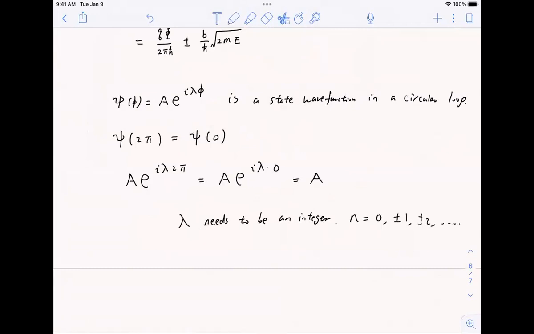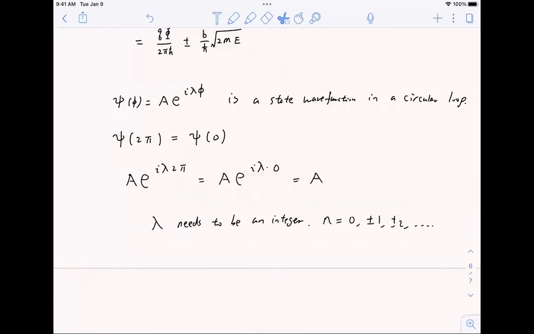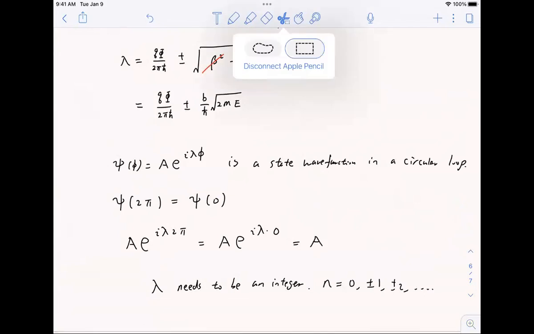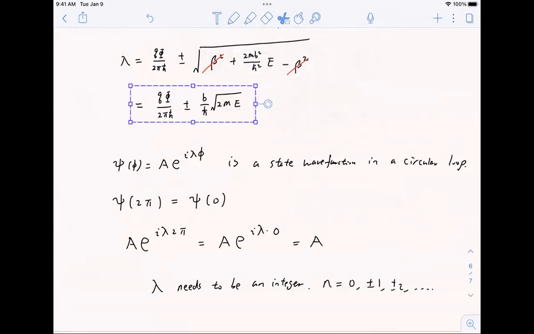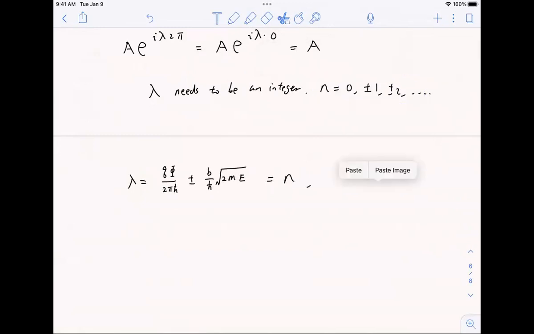So this is the condition for a circular loop. That means this must be an integer, so that means lambda equal to this equals n, and n is an integer.